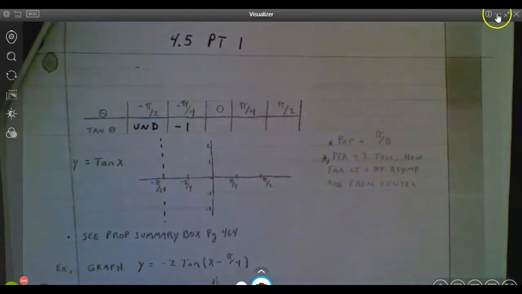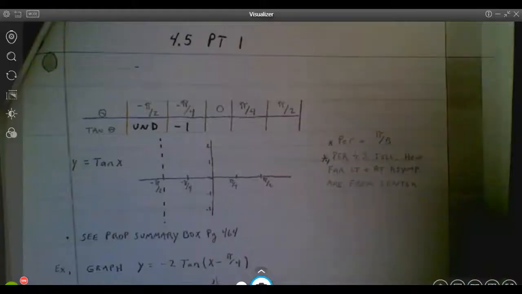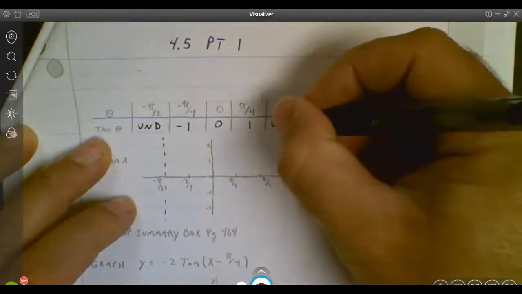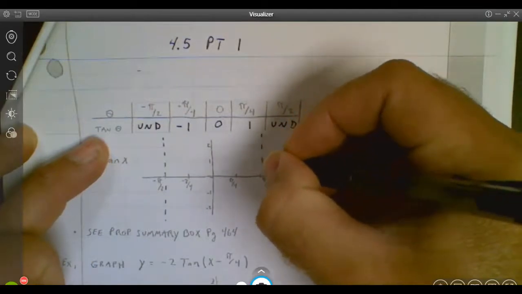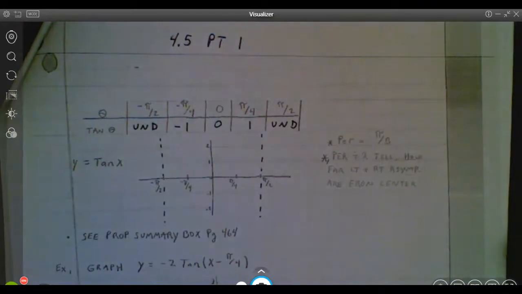At 0, sine over cosine would be 0, then positive 1, then undefined, to finish off the chart. So 0, 1, and then another undefined, and so you can see that at positive pi over 2, we have our next asymptote.